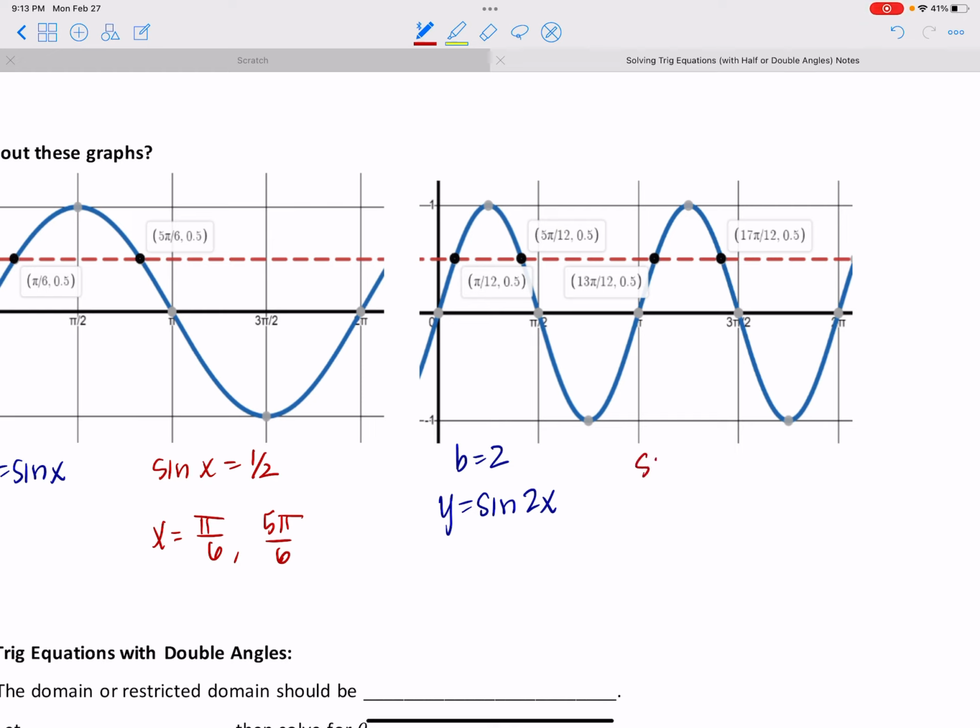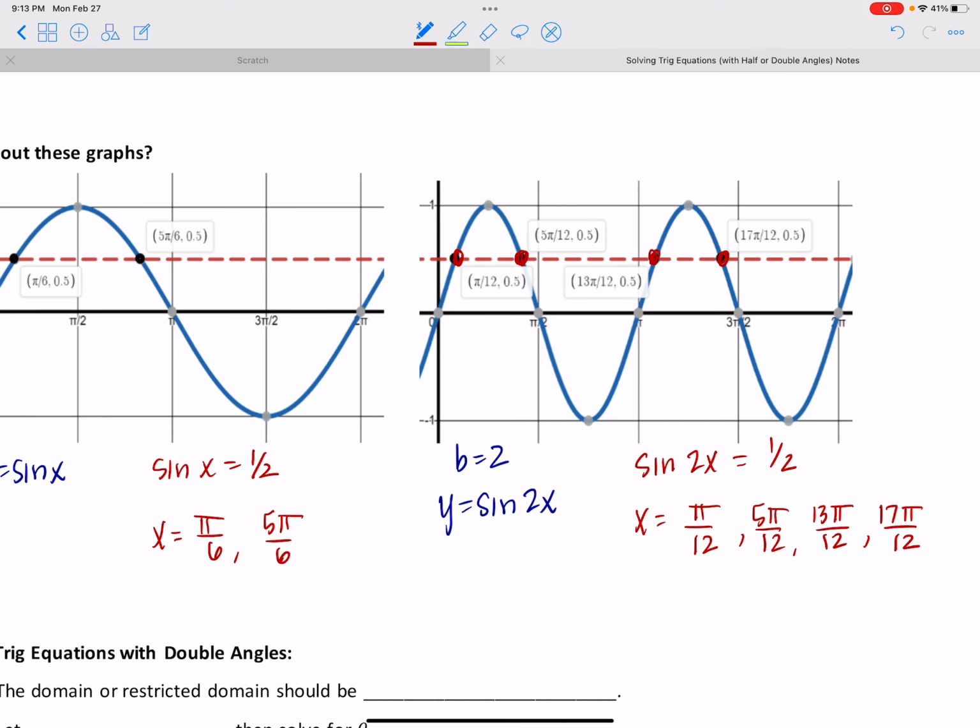The sine of 2x equal to a half. Again, with the graph, this is easy. I can see the 4 intersections here are going to be the 4 solutions. So x in this one is equal to pi over 12, 5 pi over 12, 13 pi over 12, and then 17 pi over 12.